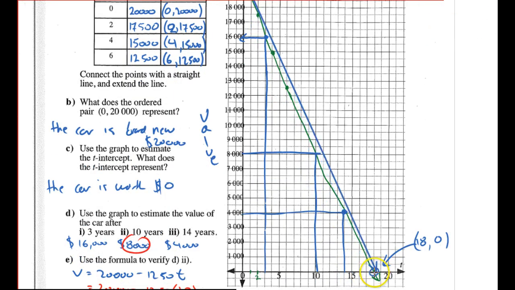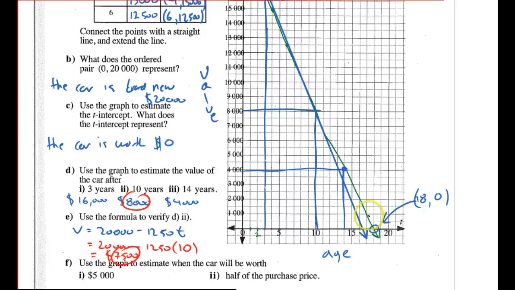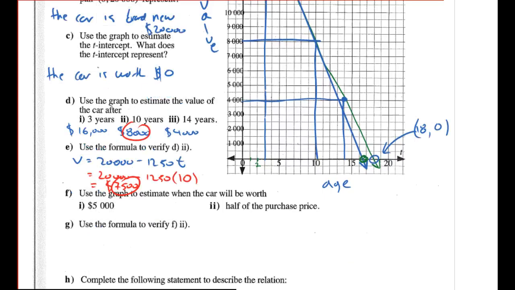This might be a little bit tricky. There it is. So my line was a little bit off. There's the actual line in blue. That's better. I can see that the car is going to turn into a junker before 18 years old. It looks like it's about 16 and a little bit over here. There's the real x-intercept.